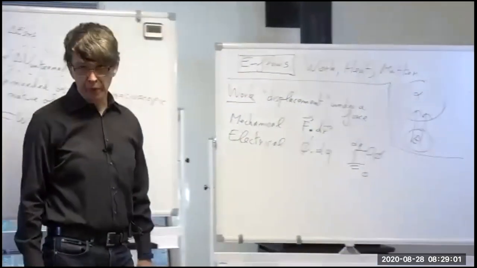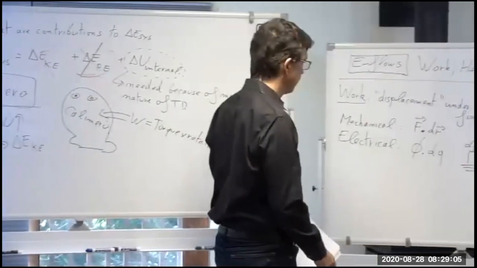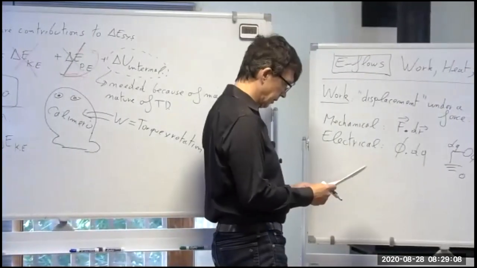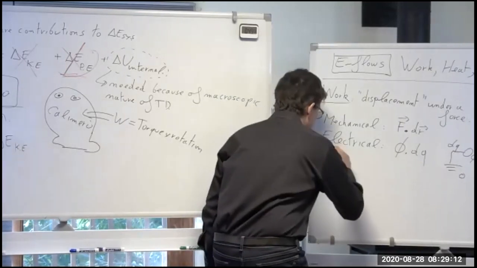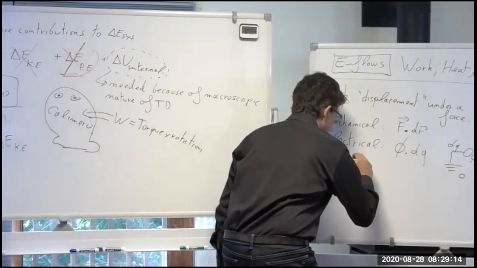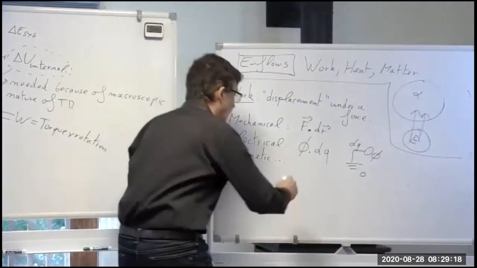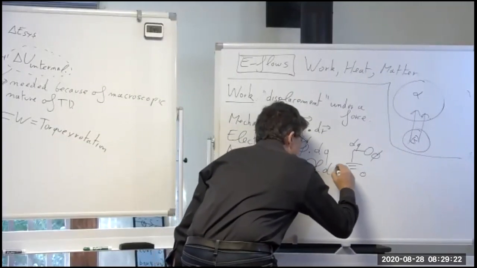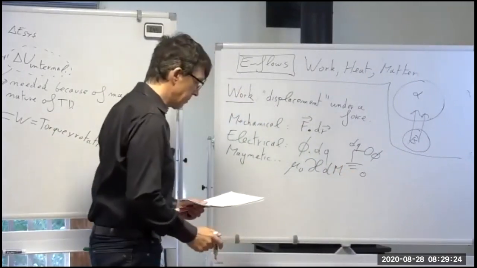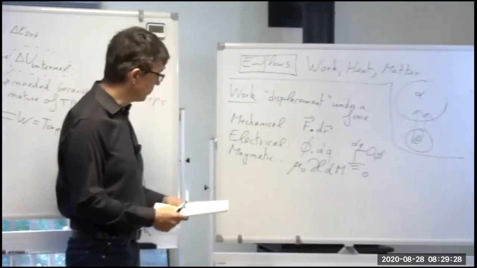That I'm doing work or receiving work. Then I'm transferring energy into that system. Okay, and then of course you have magnetic, and we'll come to that later, right? And magnetic will look something like mu naught H dM, where H is the applied field, M is the magnetization, but we'll come to this in a bit.